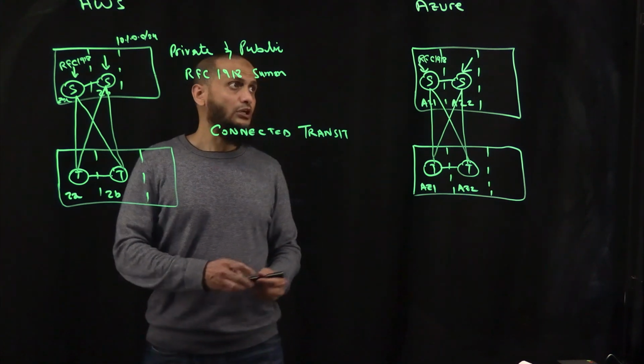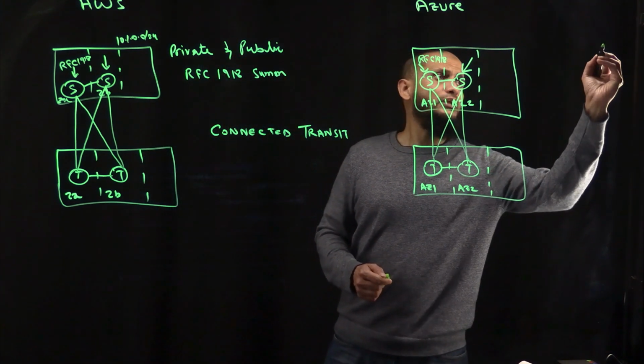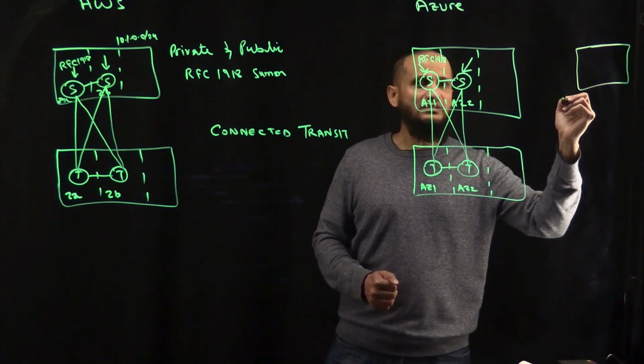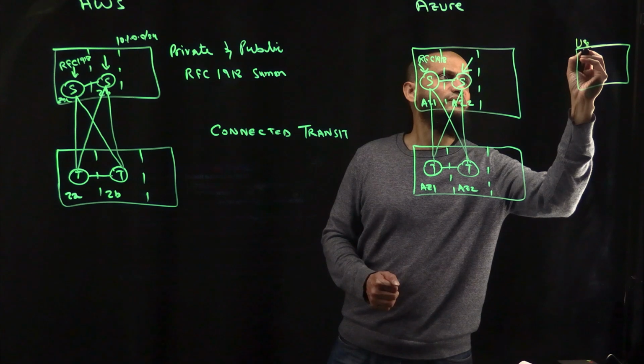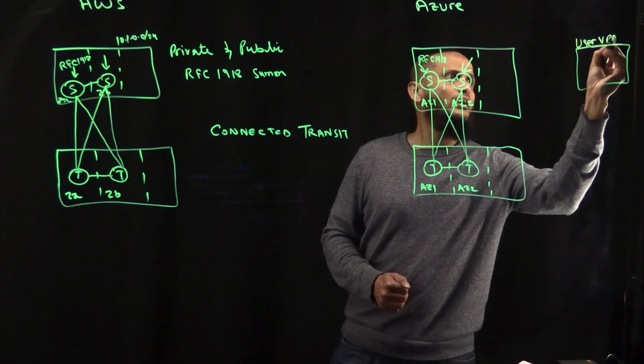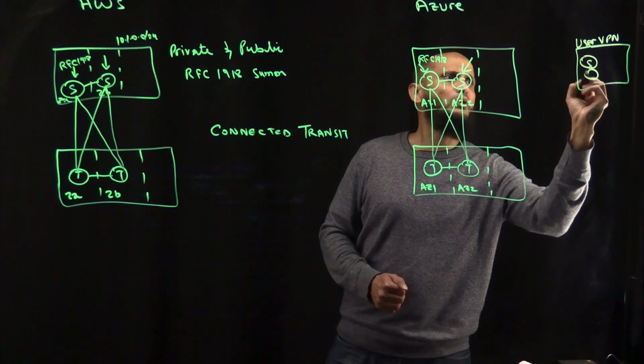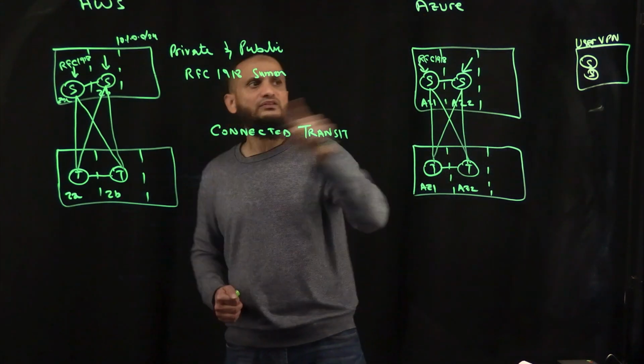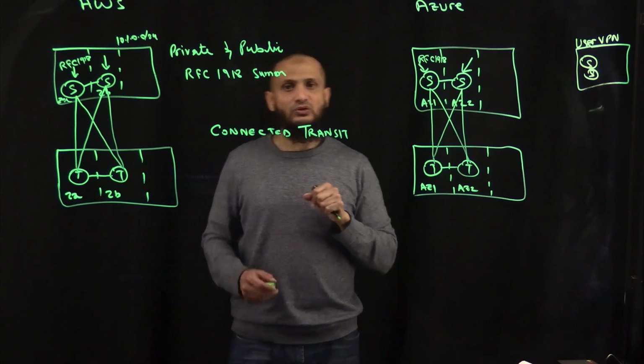What you can do is have your user VPN VPC over here, and you have your spokes. You can attach that spoke to any of these transits directly.